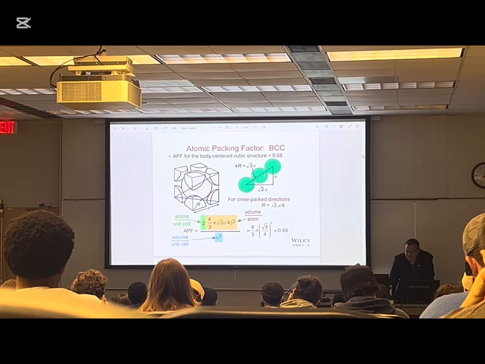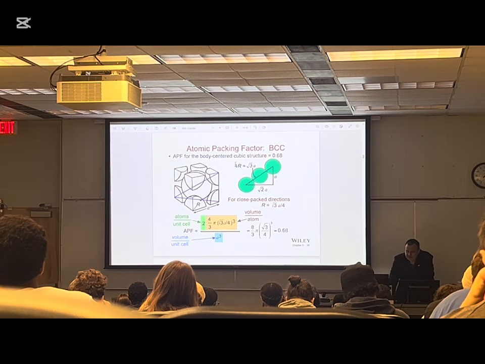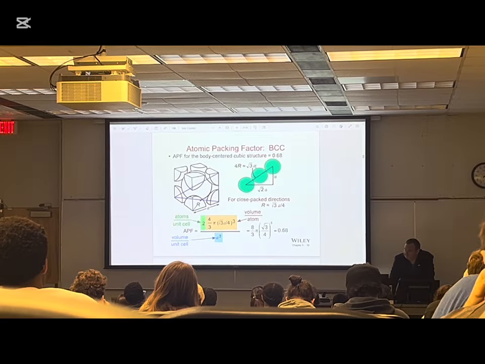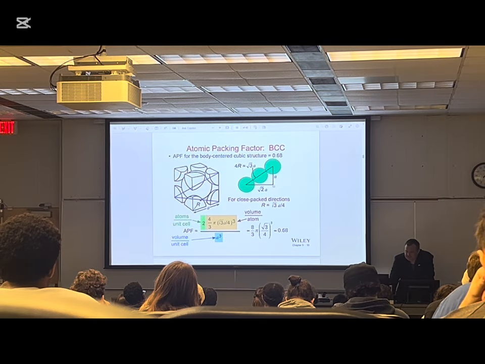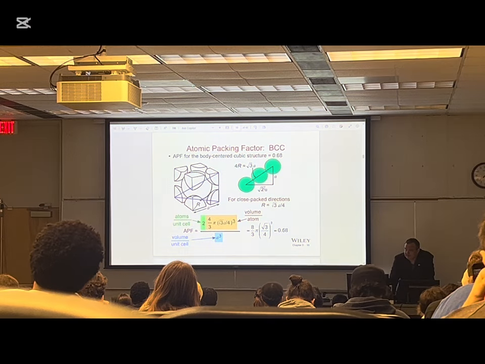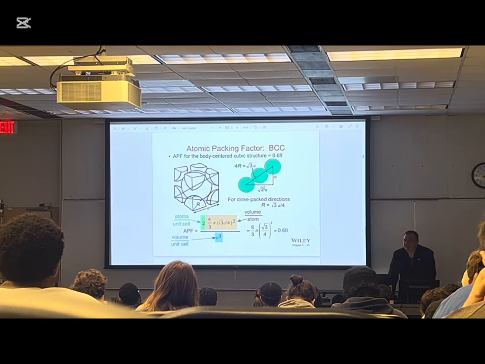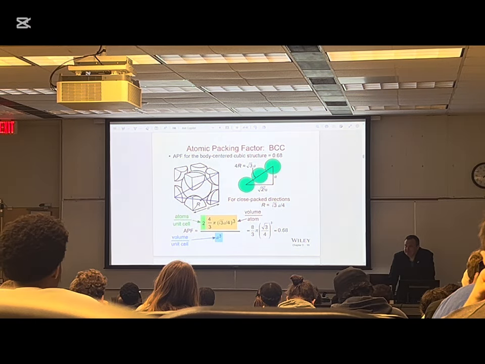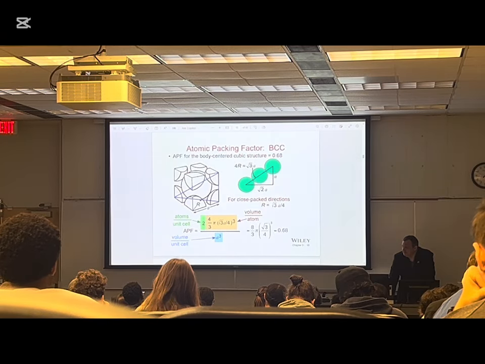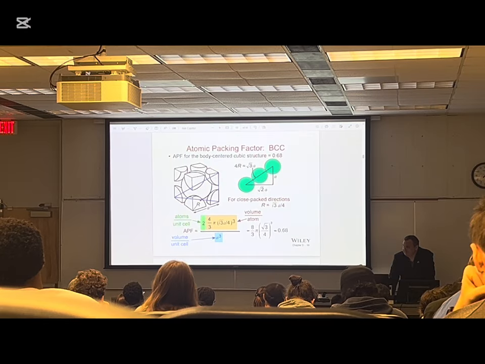Does everybody see that? So we can say that 4r is equal to the square root of 3a. If this side is a, if this is square root of 3a, square root of 2a, then using the famous theorem of Pythagoras, this hypotenuse is going to be square root of 3a, right? That's where it comes from.